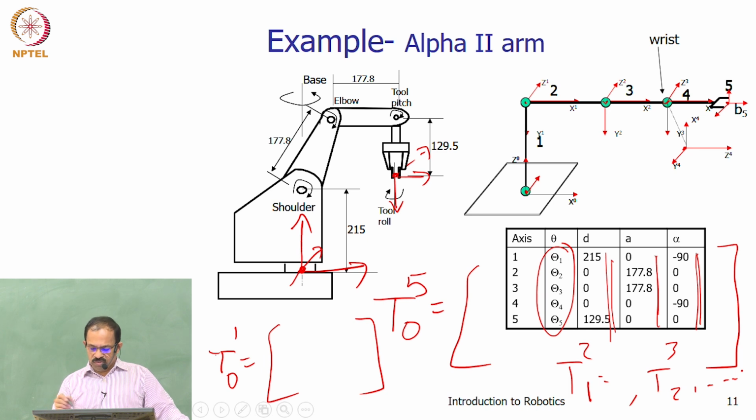Since we have these parameters, we can easily write down the relationships T10, T21, T32, etc. and then multiply them to get the final relationship.